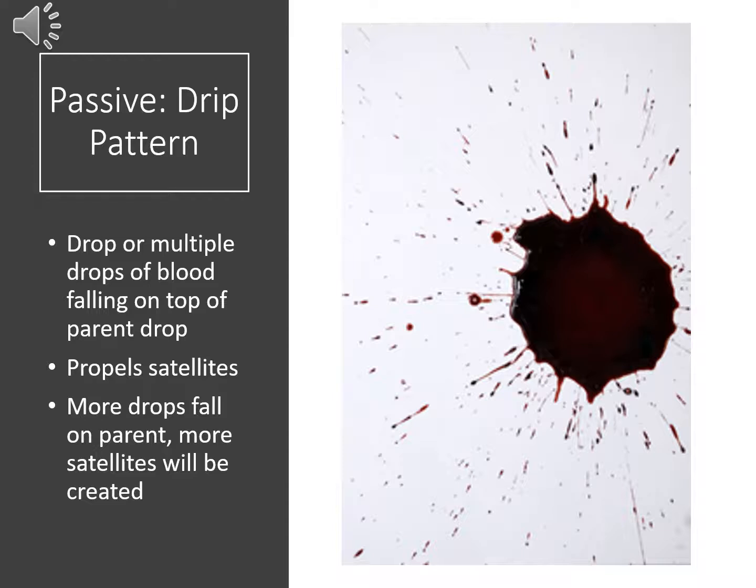So before we saw some spines, but not much else. Now we see satellites because each drop that falls on the parent drop propels those satellites forward. And so the more drops that fall, the more satellites that will be created. And again, that's a better indication that the person had their blood dripping for quite a while on that same spot due to gravity in a passive drip pattern.